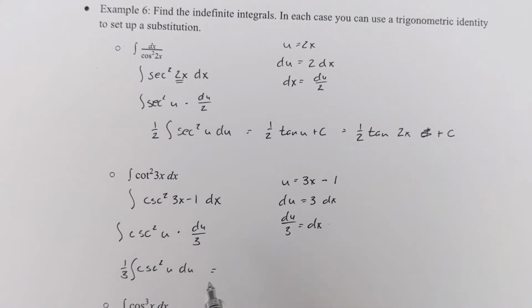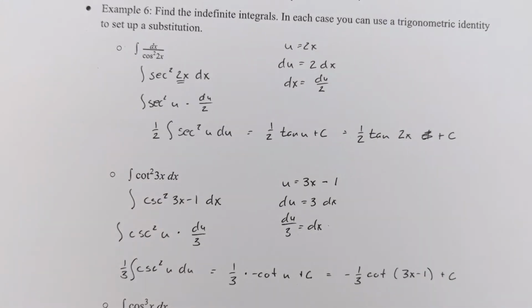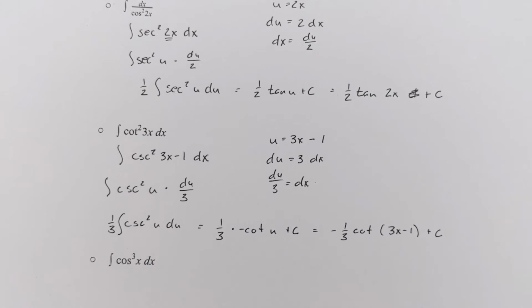So 1/3 times negative cotangent, or no, just negative cotangent u plus c. Undo your substitution. And then you have cotangent 3x minus 1 plus c. And there you go.